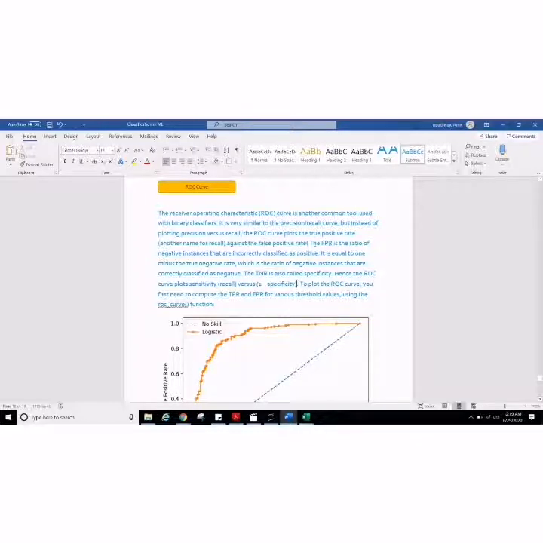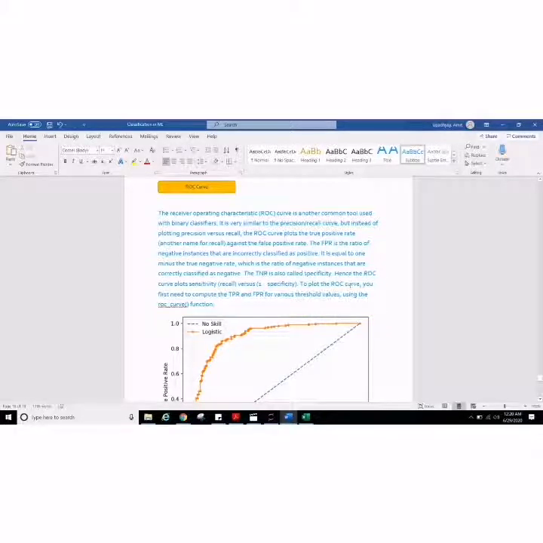The false positive rate, FPR, is the ratio of negative instances that are incorrectly classified as positive. It is equal to 1 minus the true negative rate. And what is the true negative rate? It is the ratio of negative instances that are correctly classified as negative. The TNR, true negative rate, is called specificity. Hence, the ROC curve plots sensitivity, which is our recall, versus 1 minus specificity.